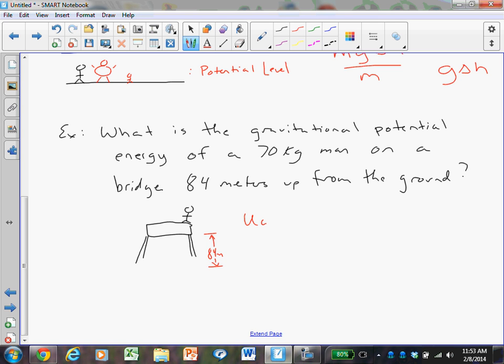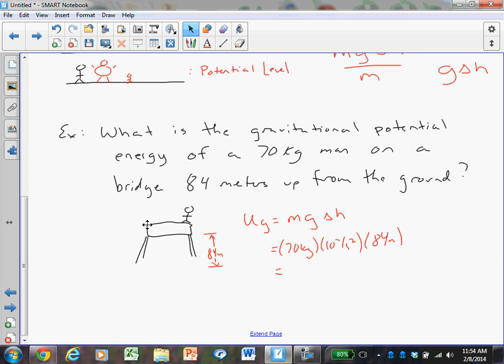Simply, UG is mg delta H, 70 kilograms times 10 meters per second squared times 84 meters. It's simple as that. Not all that difficult. 58,800 joules.